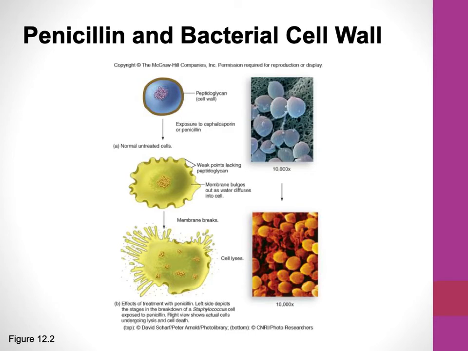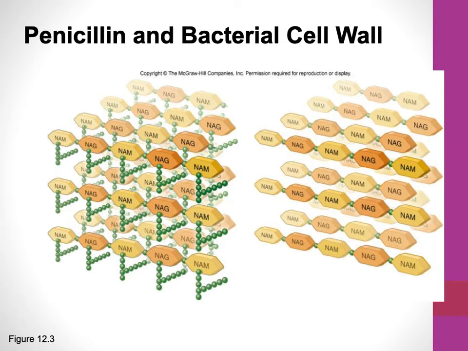So the membrane is going to actually bulge out there, and then the cell ends up lysing. And just as a reminder, when we're talking about the cell wall, we're talking about all of these different subunits of peptidoglycan. So the NAG and NAM that you see, each one of those are peptidoglycan, and they're cross-linked together. And so if one of these becomes damaged, it becomes a weak point within that.